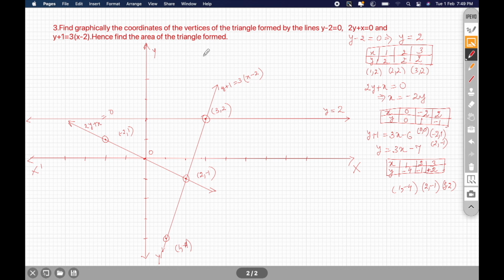Now you have to find the area of the triangle so formed. So you can see the 3 lines here which have been drawn, and I have to extend this a little more, right? So I have got the vertices as A here, B here, and C here. So you all can see that A is the point minus 4, 2. C is the point 3, 2 and B is the point 2, minus 1.